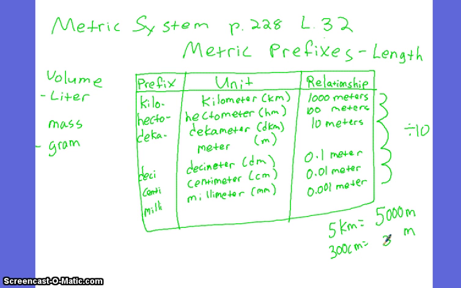Now, the one other key to this is there's a couple things you should know. The metric system and the U.S. customary system do not easily translate to each other, but there's a couple things that you should know. In the metric system, 1 km equals about 6/10 of a mile. So when you go up to Canada and you start driving, you can realize that.